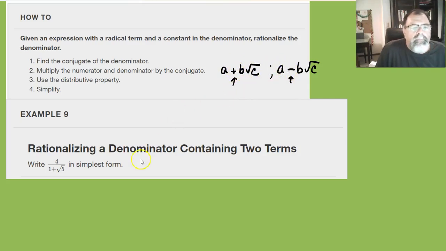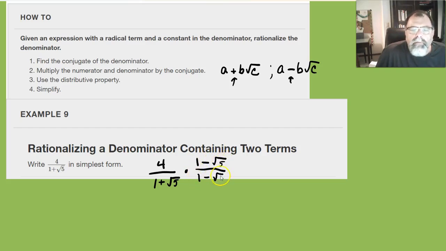So you switch it. Okay, so here we've got 1 plus square root of 5. So our conjugate is going to be 1 minus square root of 5. So we're going to multiply the top and bottom by 1 minus square root of 5.